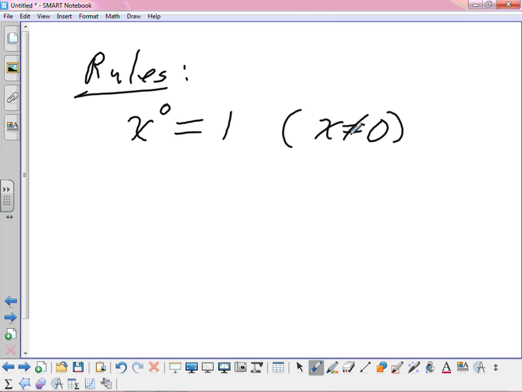It doesn't make sense with 0, but any other number. So if we have an exponent 0, the answer is 1. If we have an exponent that's a minus, it's what? The reciprocal without the minus.